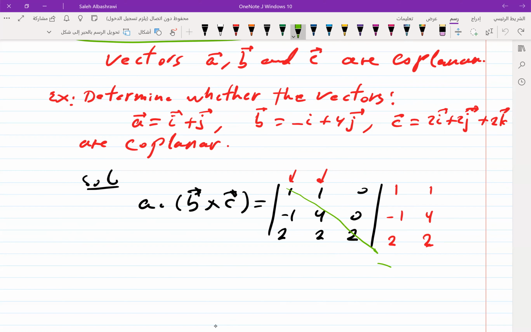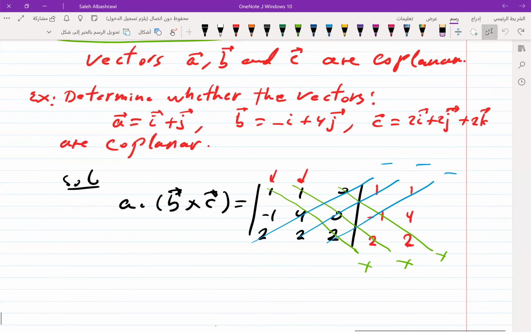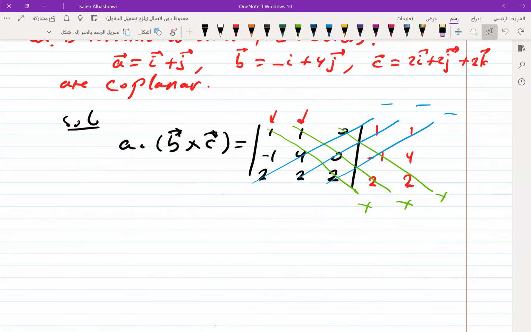This is positive, this is positive, and this is positive. This is negative, this is negative, and this is negative. We just multiply the elements diagonally. So the first one, 1 times 4 times 2 is equal to 8. It is plus 8. Second one, we have 0. Third one, because this is 0, I will have 0.